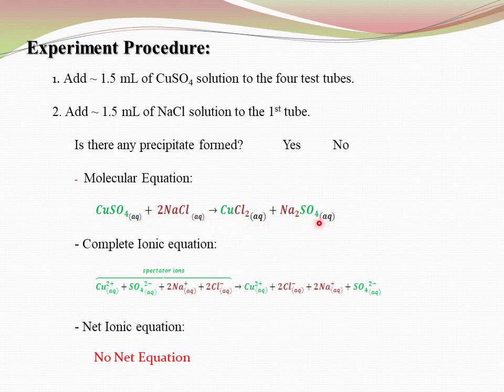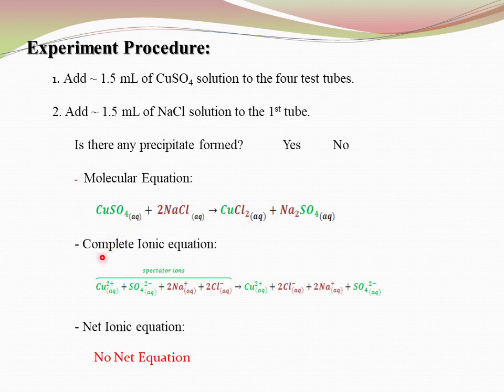Now to balance this equation, the coefficient here should be 2. So 2 NaCl. Now this is a balanced chemical equation.